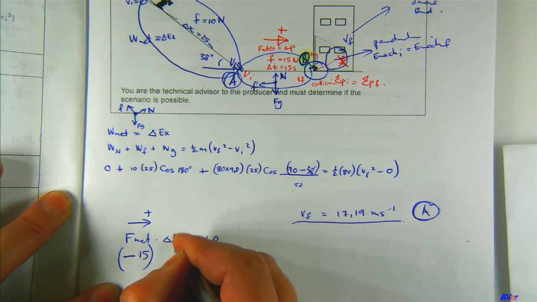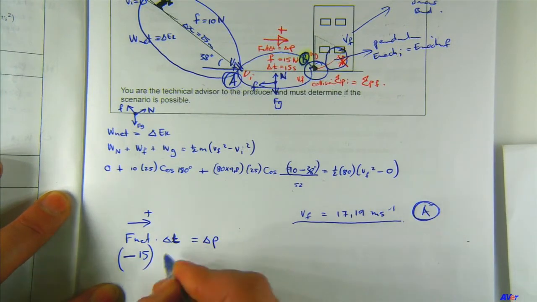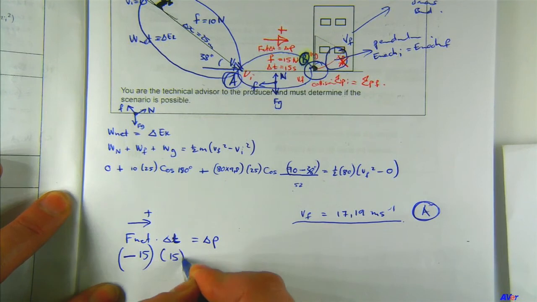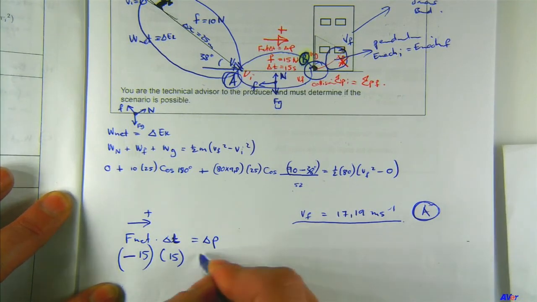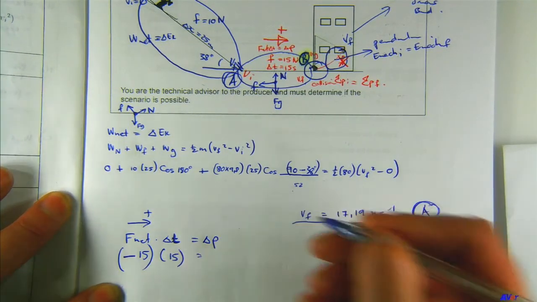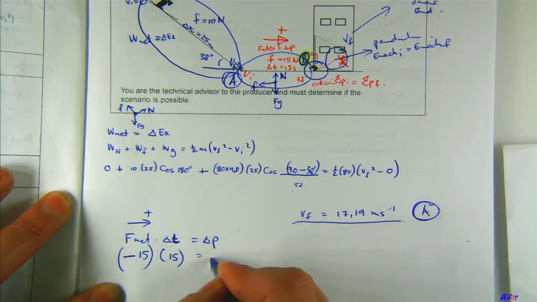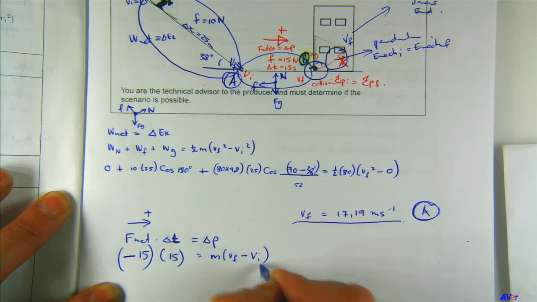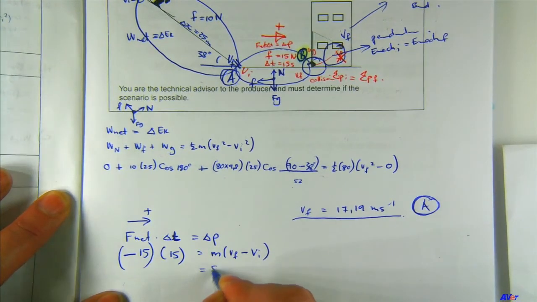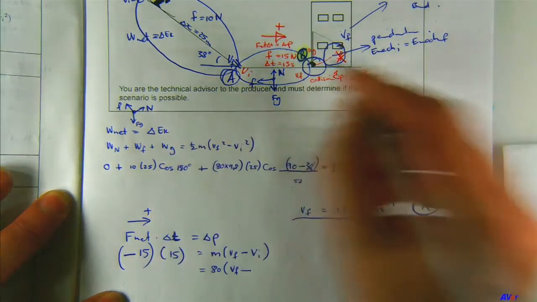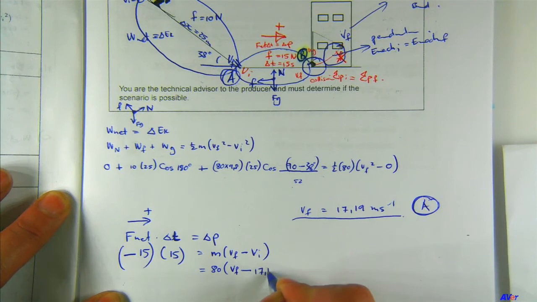Okay, sorry about that one. Okay, and the time is 15 seconds. And then change in momentum is final minus initial. They've both got the m, and it's final minus initial. Final minus initial. Right, mass 80. We're looking for the final one. It went in there with 17.19.